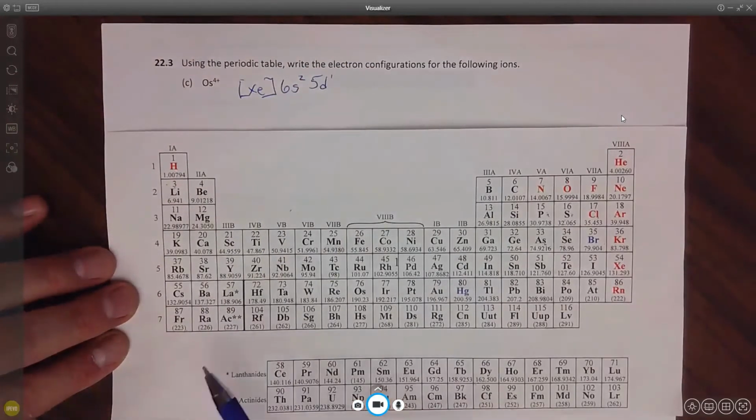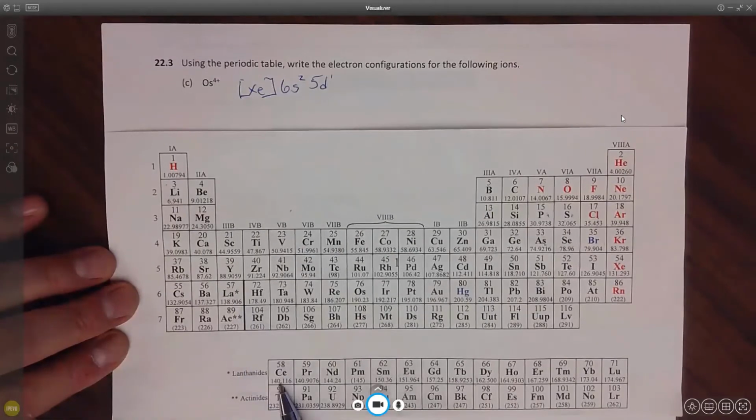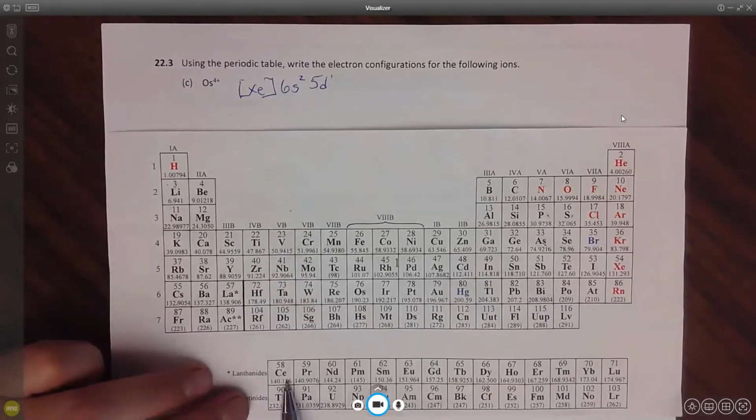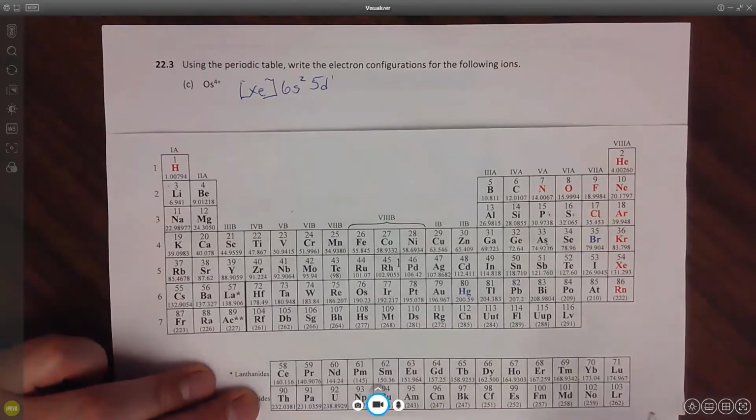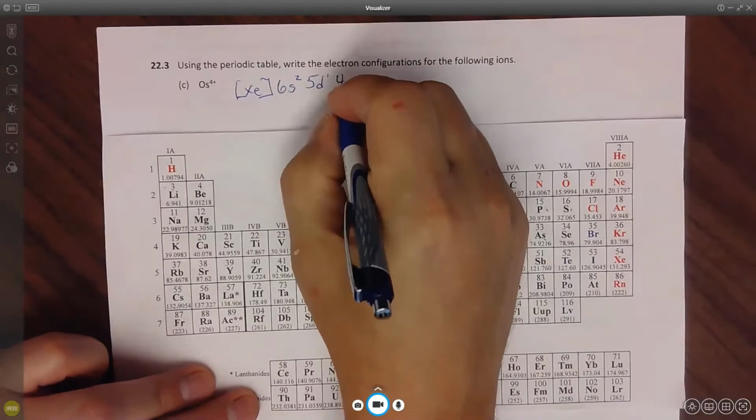But then for the lanthanide series, we drop down into the inner transition metals. This is n-2. Since we started at 6, n-2 is 4. And so these are the 4fs. So that would be 4f.